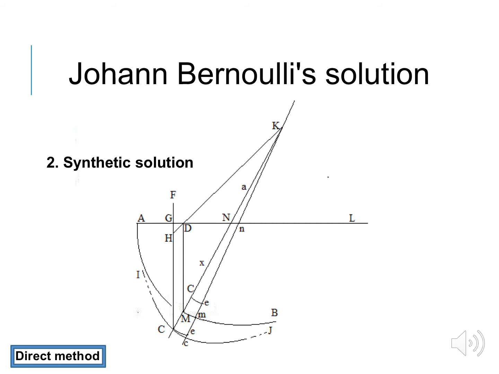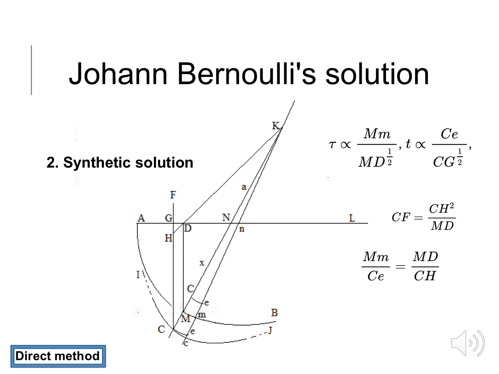Let tau and T be the times that the body takes to fall along MM and CC respectively. Extend CG to point F where CF equals CH squared divided by MD, and since MM divided by CE equals MD divided by CH, it follows that tau over T equals MM over CE times (CG over MD) to the power 1 over 2, which equals (CG over CF) to the power 1 over 2.